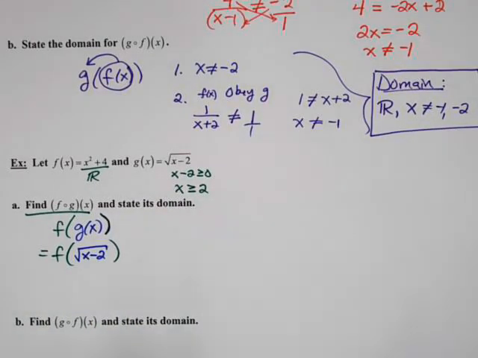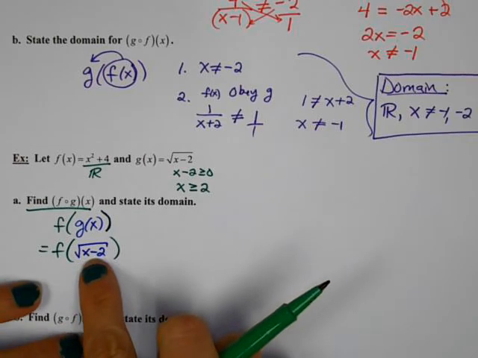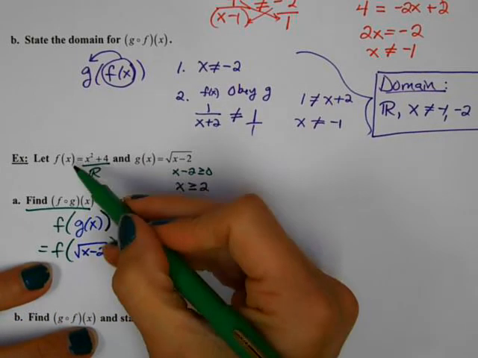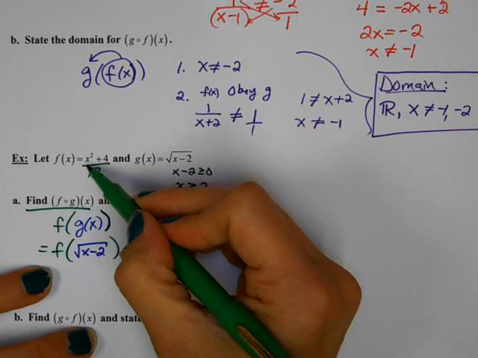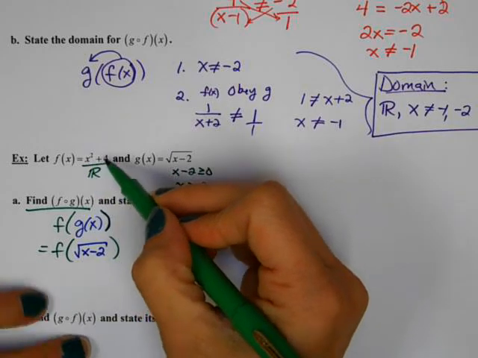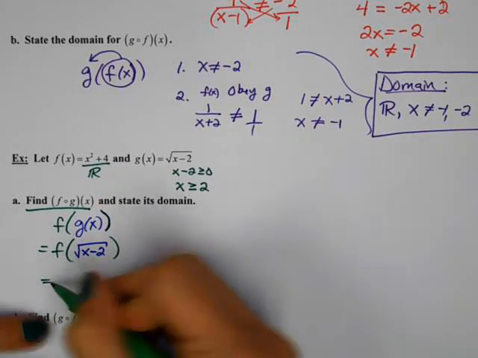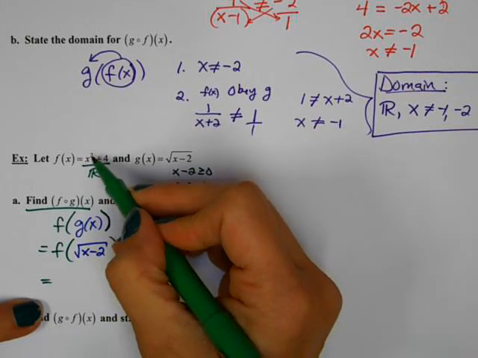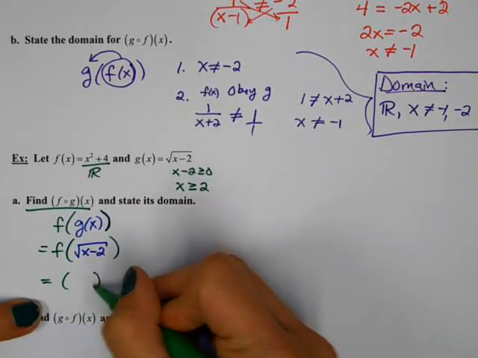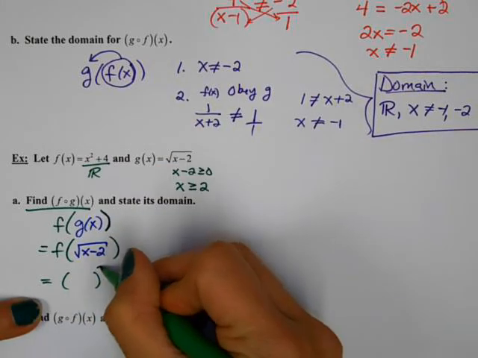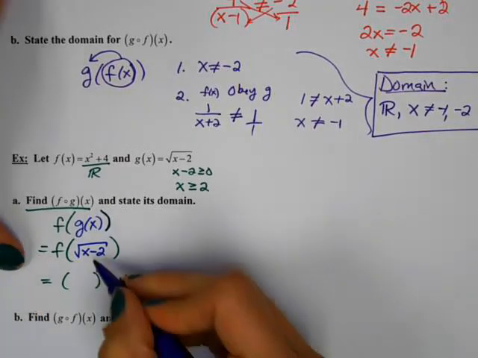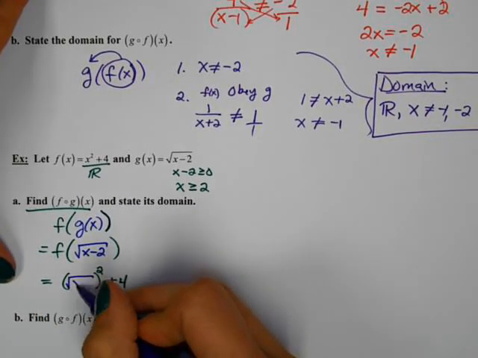Then we'll go ahead and put this equation into the f equation. Where's f? f says take your input, square it, and add 4. Maybe I'll just get ready with some parentheses. Input, square it, and add a 4? No problem. My input is radical x minus 2.